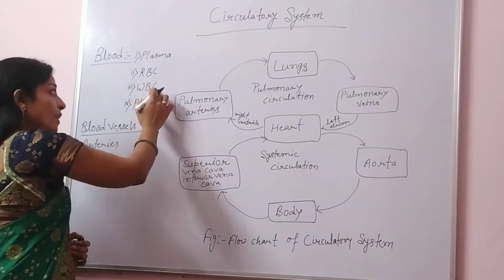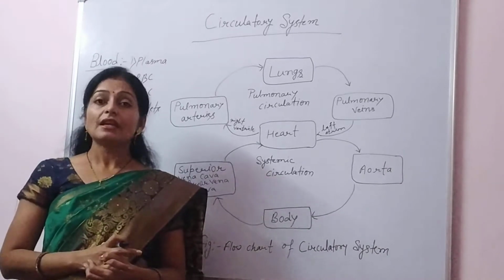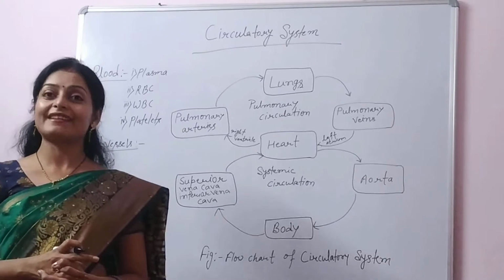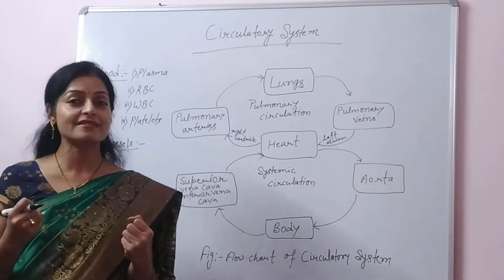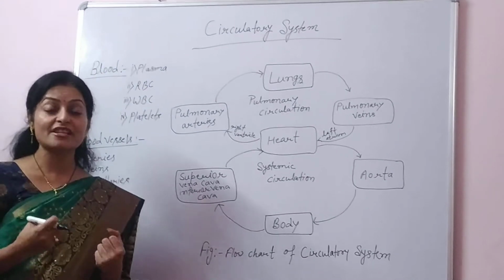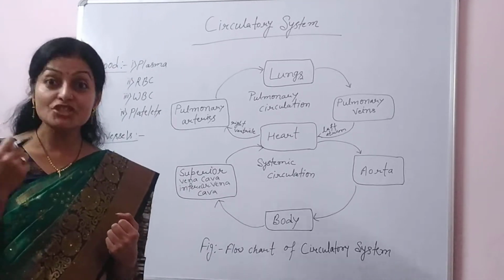Next one is white blood cells or white blood corpuscles. They also act as soldiers of our body. That means they protect us from different types of disease. They help to build antibodies within the body to fight against antigens or germs.